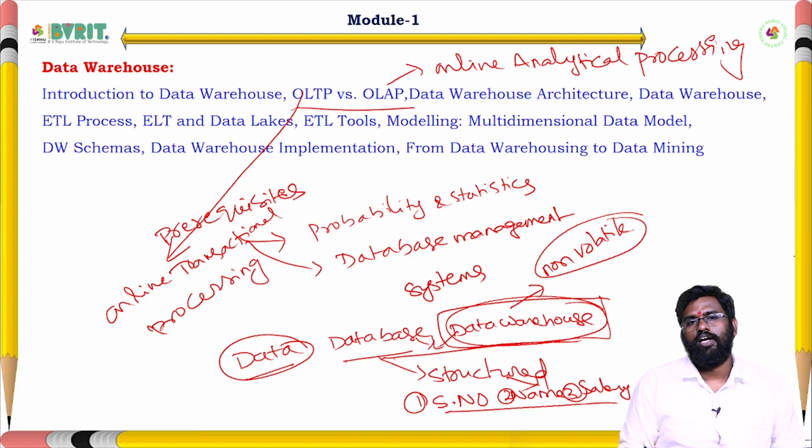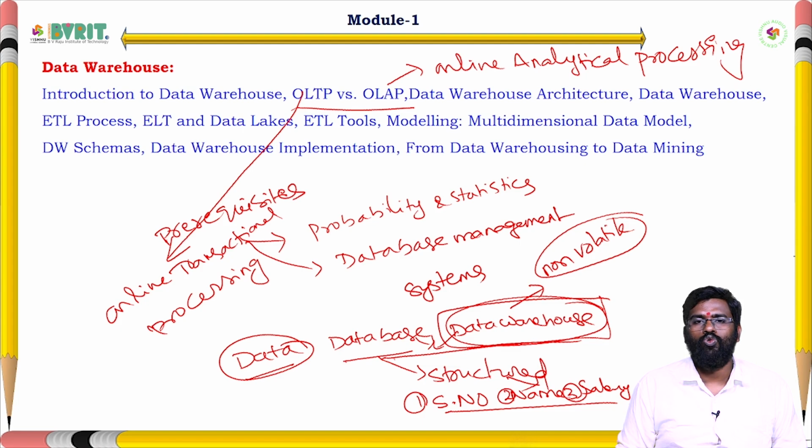The main difference between transaction processing and analytical processing is that transaction processing is used to analyze only the current day-to-day transactions by using OLTP, and that is used for databases. OLAP is used in the data warehouses. OLAP means online analytical processing.